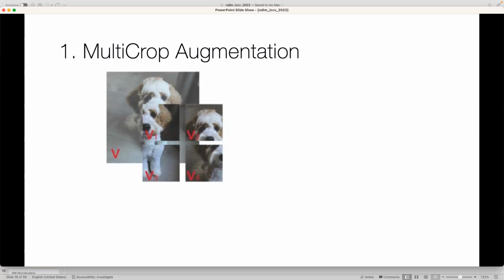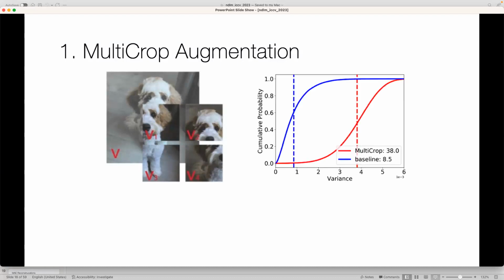The first study we had to study this asymmetry is multi-crop augmentation. Given this MoCo V2 contrastive framework, where should we put the multi-crop augmentation? For context, we have shown here that multi-crop increases the variance by a lot, which is very intuitive.